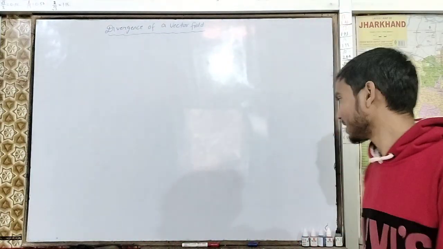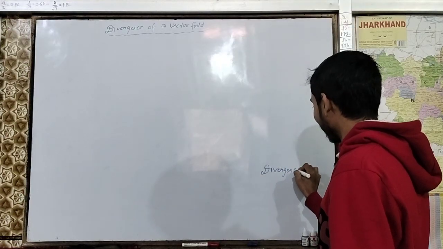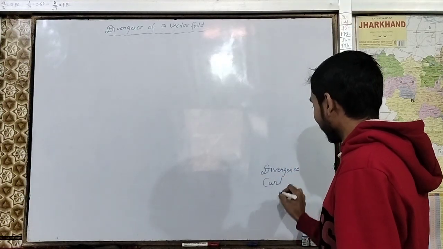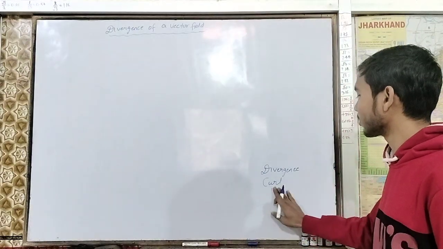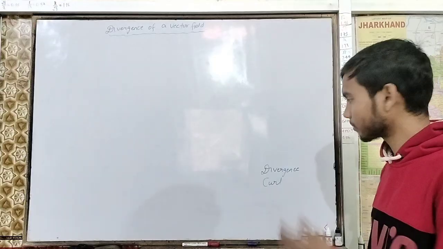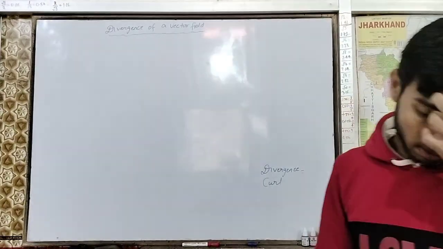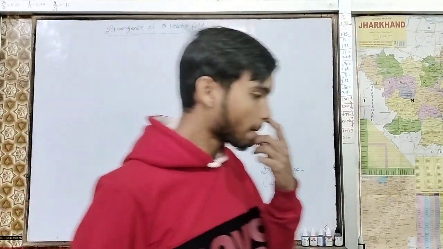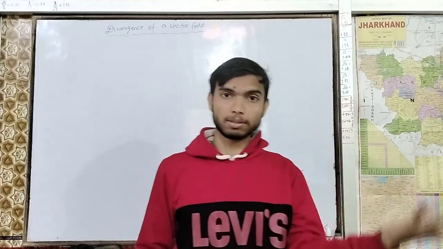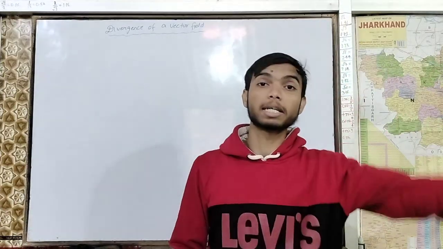What do you think about divergence and curl? Divergence and curl, and this phi. Phi means a scalar field. You know this phi. Divergence means something is diverging, or you can say liquid is diverging. Liquid is diverging means liquid is spreading out.